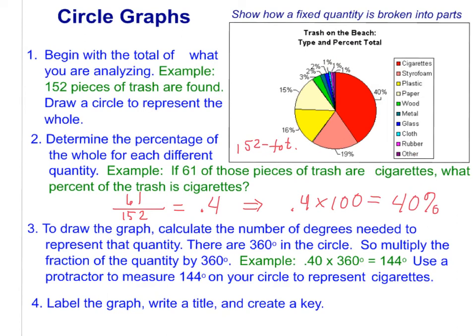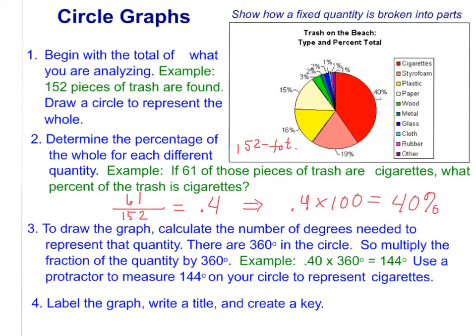So to draw the graph, how am I going to represent this 40% on this graph? I'm going to have to correlate that with a certain number of degrees. So in my example, my 0.4, I know there are 360 degrees in my total pie graph.